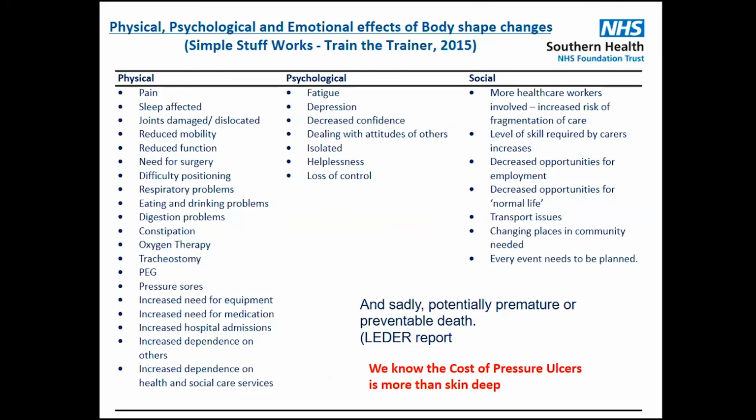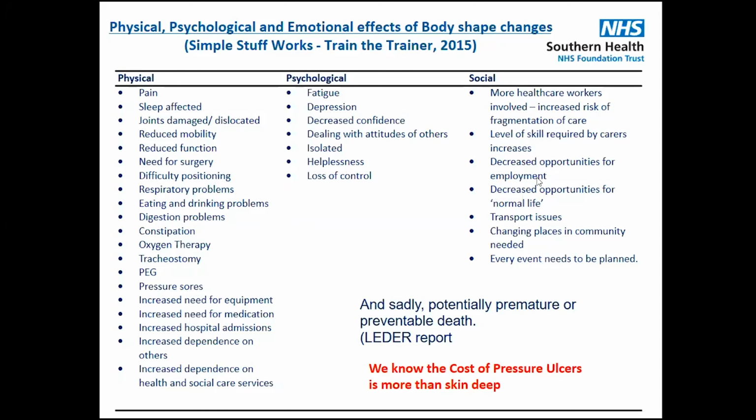Okay, so just want you to see here, there's a long list of correlations with tissue viability and pressure ulcers. So if you've got, for example, somebody who's not in a position where they are able to eat and drink, so it makes them have swallow problems because they're sat in their chair or in their bed appallingly and they keep choking and then it puts them off eating, then obviously that increases their risk factor for nutrition and hydration, which then can lead to an increase of pressure ulcers.